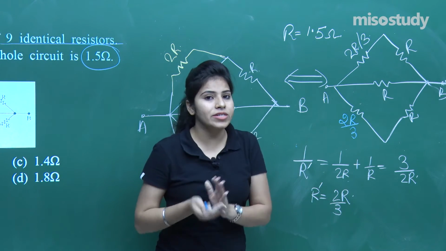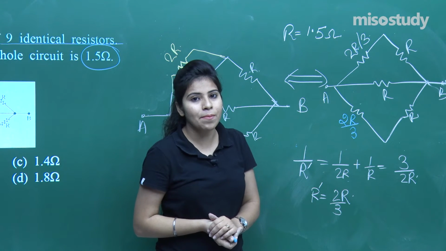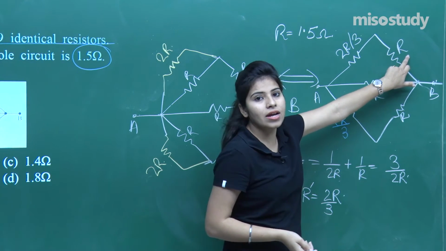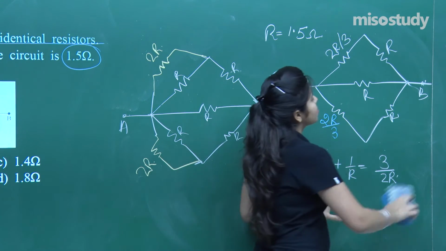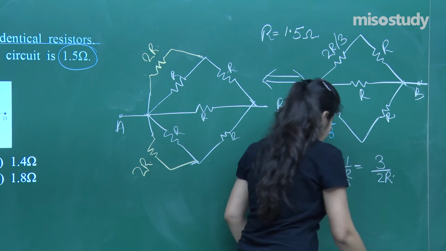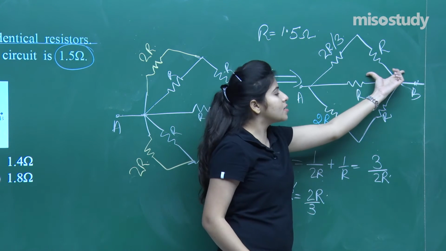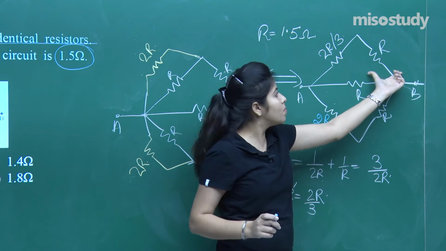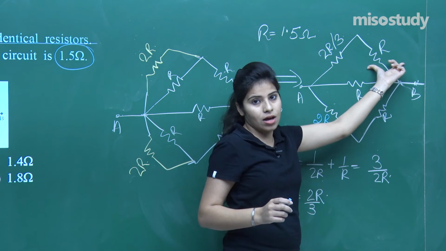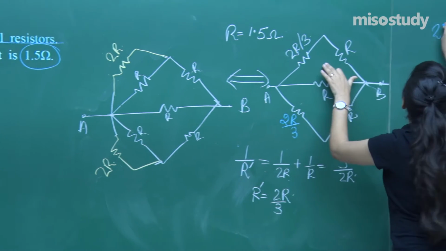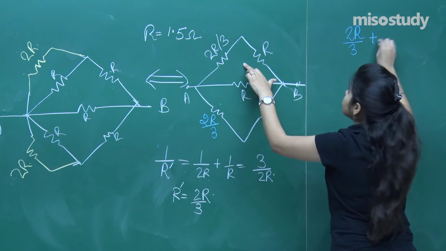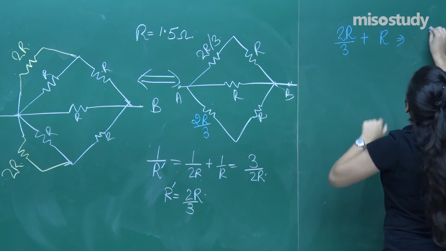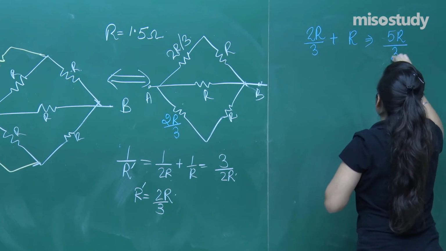Now you are very much intelligent. Just tell me what will be the next step. Again, what we are going to do over here, this and this resistance are connected in series. Let me just remove this previous part. So that will be the sum of resistances 2R by 3 plus R. If you solve here, you will have 3 plus 2, that is 5R by 3.